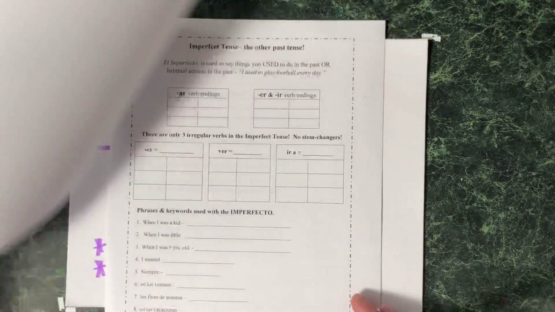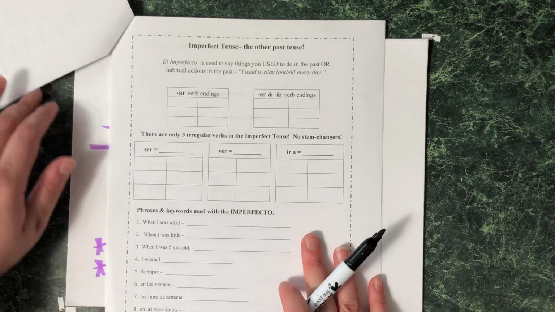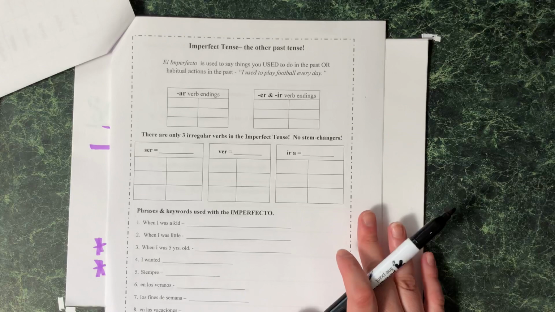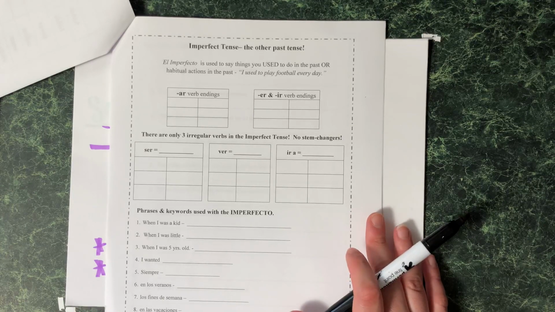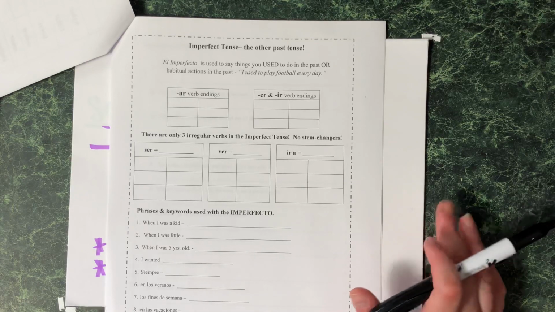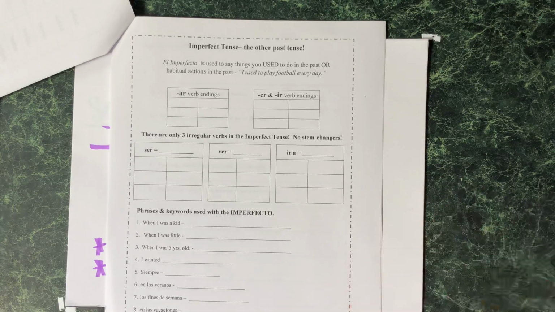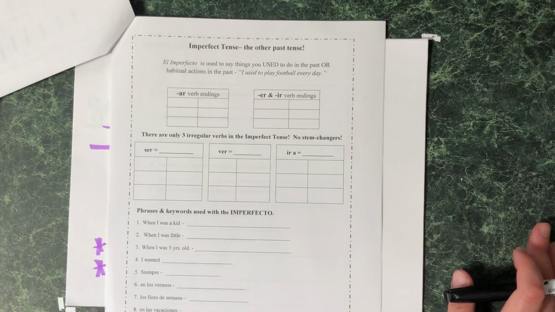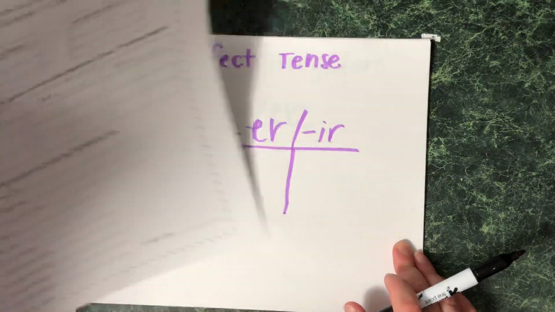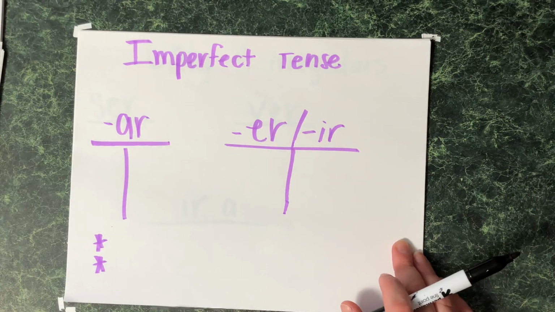But we're gonna step into your notes. If you have a printout, you're gonna have a paper like this. If you are going to fill them out online, I would suggest that you take notes on a separate paper if you cannot print them out, and then once the video is done, you can go back and fill them out online. All right, we're gonna start with the first sentence.